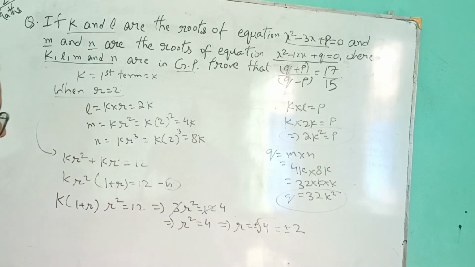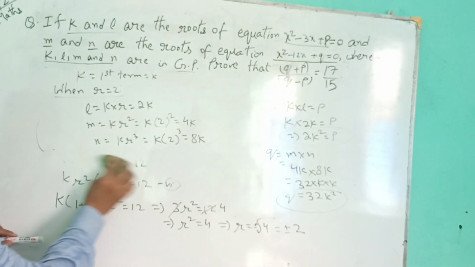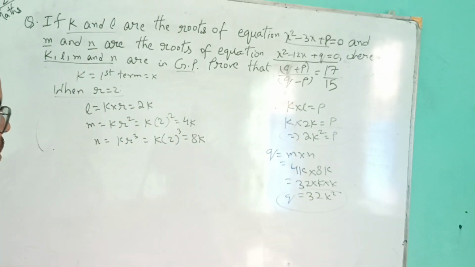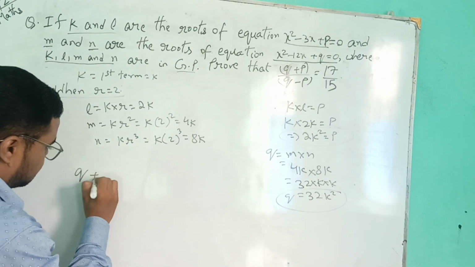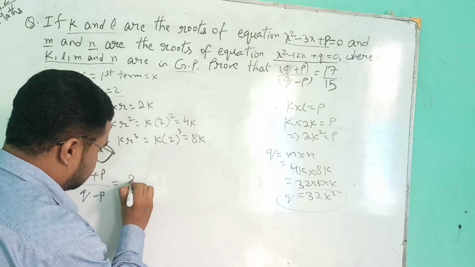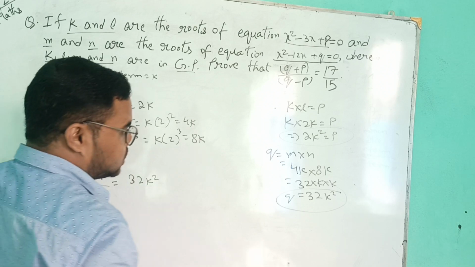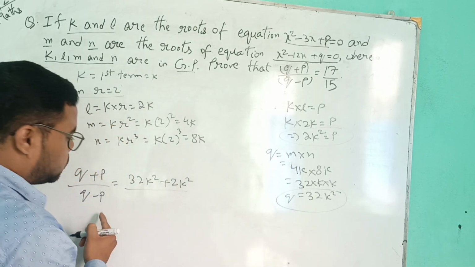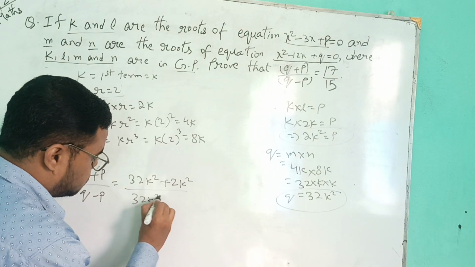Now from here we will find q plus p by q minus p. What is the value of q? 32k square. What is the value of p? Plus 2k square. What is the value of q? 32k square.